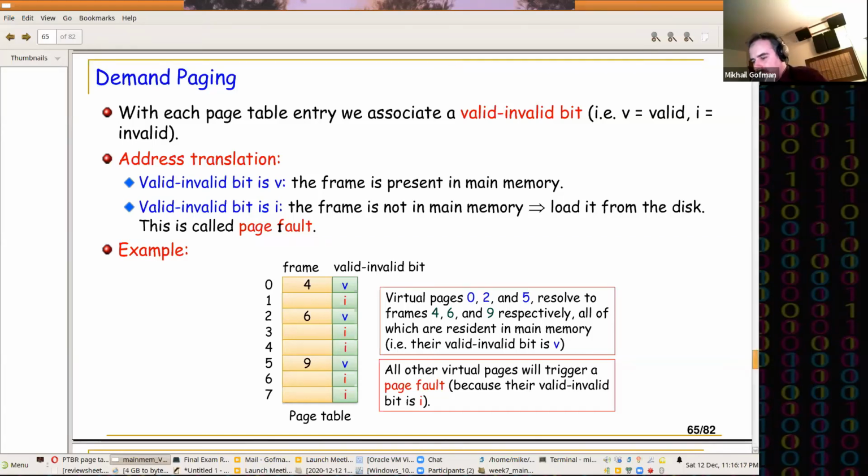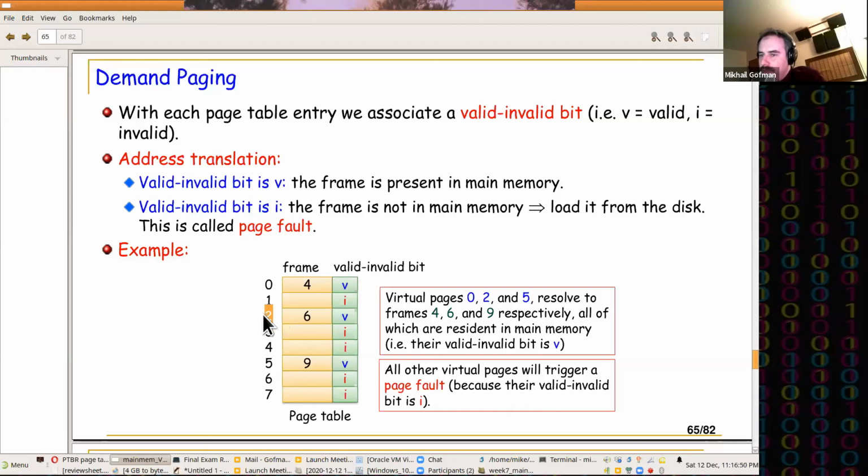So to implement that, we can use a page table, and we're going to be using a valid and invalid bit. A valid bit means that the page has an associated physical frame. For example, here, page index 0 has an associated physical frame of 4, and it's valid because the valid bit is set.